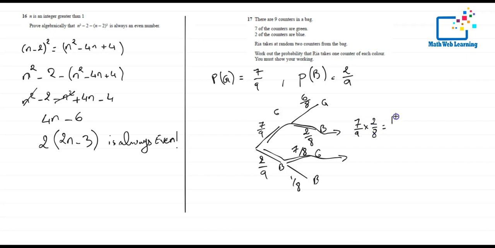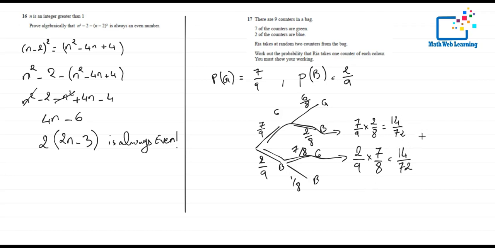That makes it 14 out of 72. For this one here, blue followed by green, it's going to be 2 over 9 times 7 over 8. As you can see, it gives you the same fraction, same answer. So basically, when we do probability of event A or B, you add the probabilities.